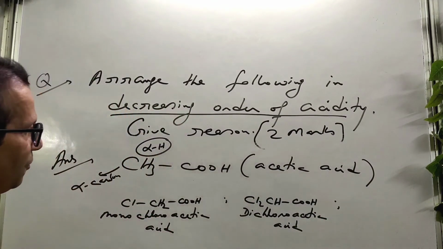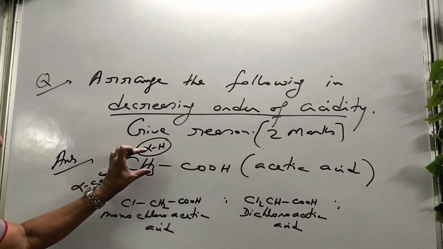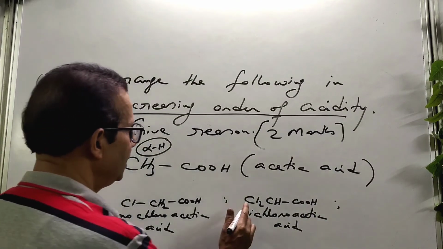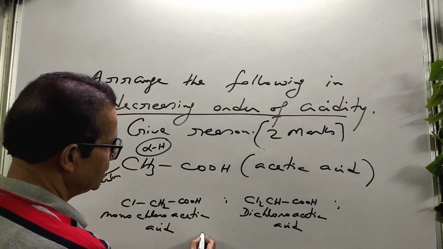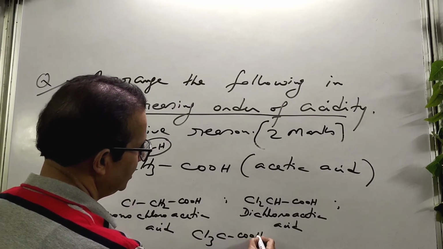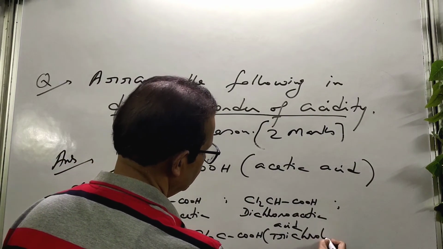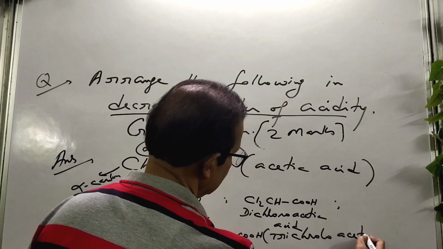And if you replace all the alpha hydrogens by 3 chlorine atoms, it is called trichloroacetic acid, Cl3CCOOH.